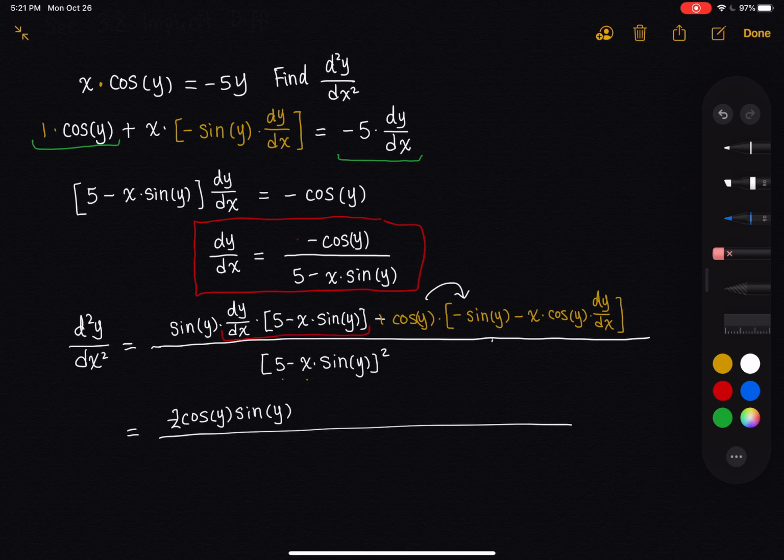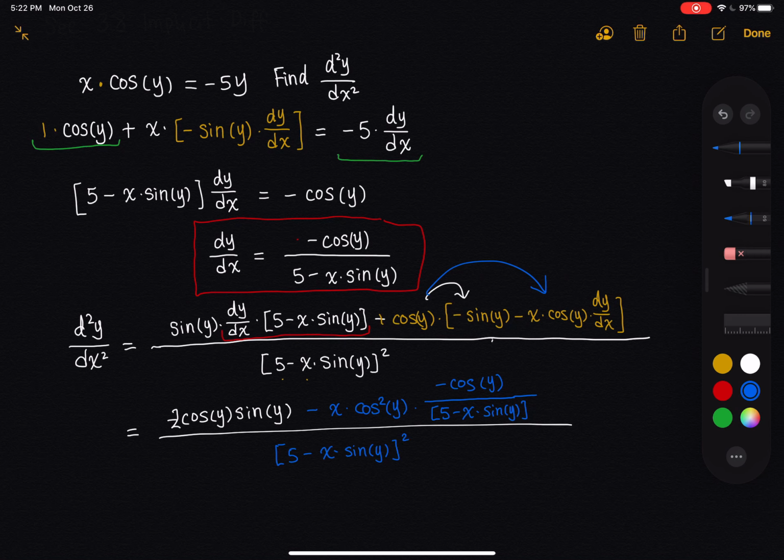Now you distribute the next one. You will get negative x times cosine squared of y. dy over dx you have to substitute, so negative cosine of y over 5 minus x times sine of y. And in the bottom is 5 minus x times sine of y squared.